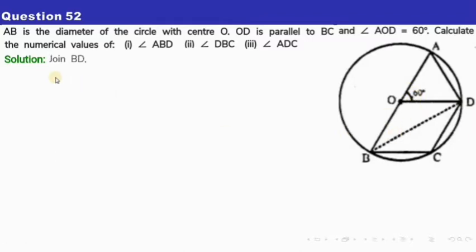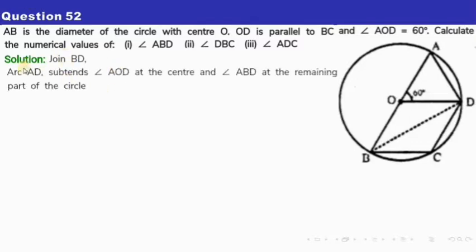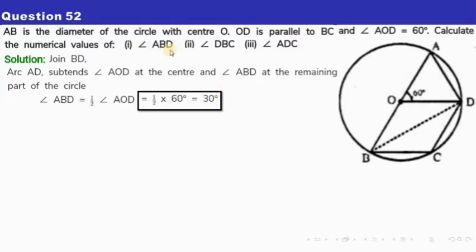So I've written join BD here. Arc AD subtends angle AOD at the center, and angle ABD at the remaining part of the circle. So we have ABD equals half of AOD. And how much is AOD? AOD is 60, right? So from here my ABD turns out to be 30 degree. So the answer for the first question is 30 degree.